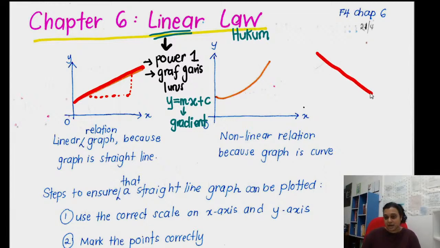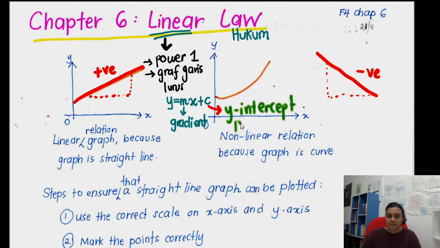Even if it's coming down, it's the same. It has kecerunan also, just that the gradient will be negative. For this one, it will be positive. Now this is the first thing for m. For the c, c represents what? C mewakili apa? C represents the y-intercept, pintasan y.